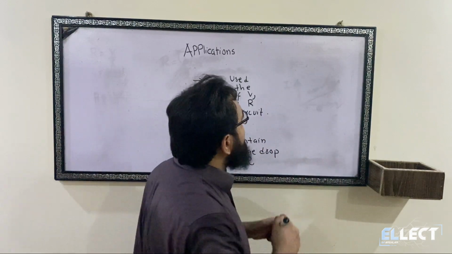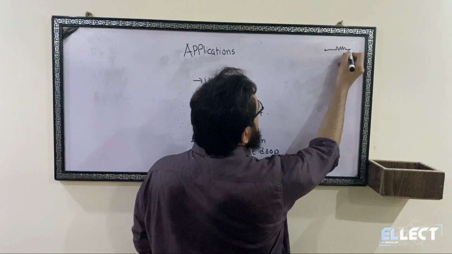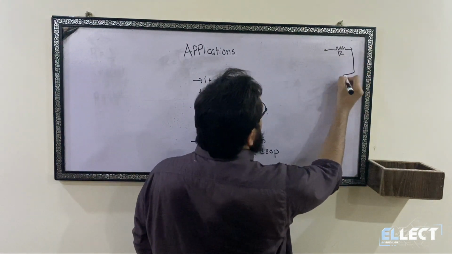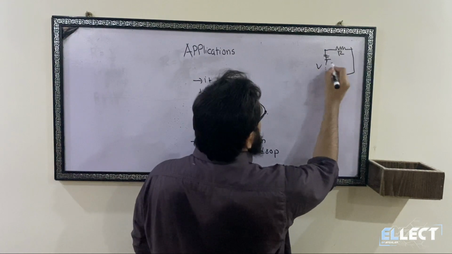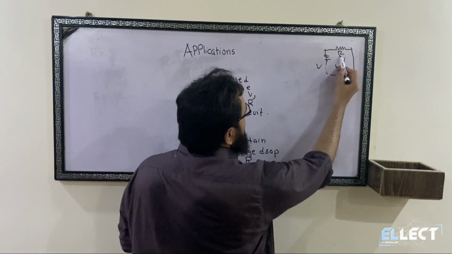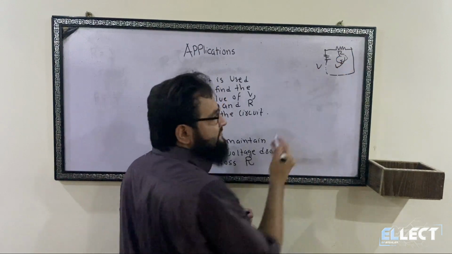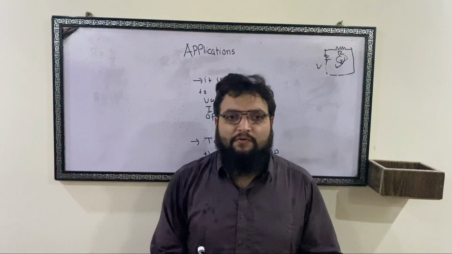Say, as an example, here is a linear circuit, resistor R is connected across the voltage supply, that is V, and a current is passing over a loop. If the value of V or I changes, it does not affect the value of the electronic component, that is the resistor.